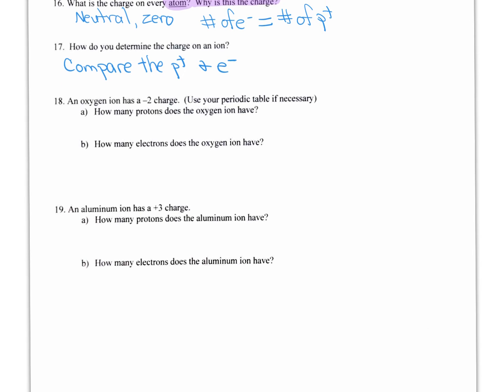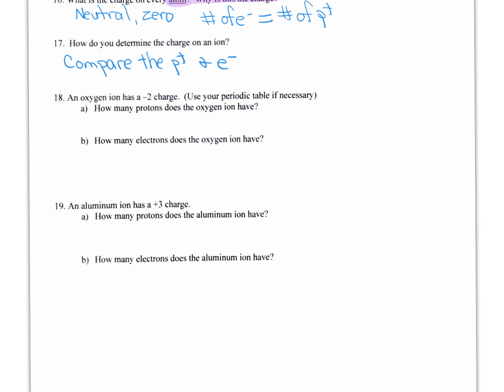All right, number 18. An oxygen ion, we've got to pay attention to the words, has a -2 charge. And we can look on the periodic table to help us get this information too. How many protons does an oxygen ion have? Now, you probably don't know that unless you look on the periodic table, and it has 8 protons. How many electrons does the oxygen ion have? Notice, again, it's asking about an ion. It didn't ask me about the atom.